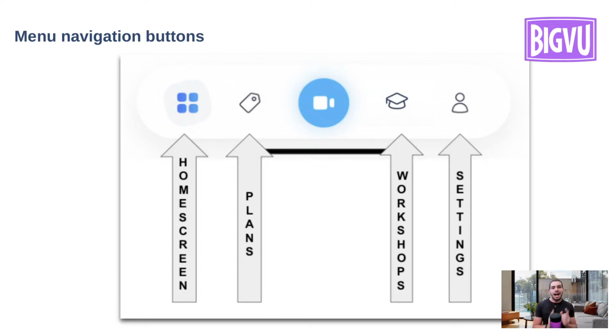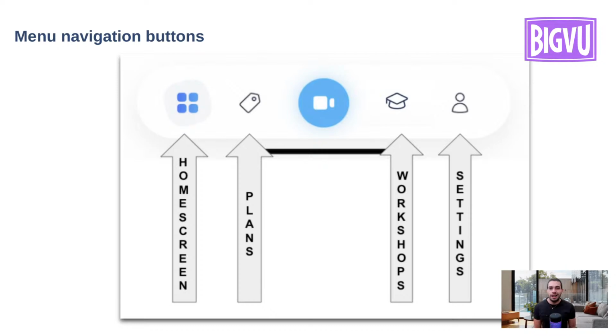The ticket icon, the second one, are the plans. We're going to see the starter plan, the plus plan, all the plans that we offer on Bigvu. Okay? And in a few moments, I'm going to explain the difference between them. This blue icon in the middle is to start a new project. You can start a new project with a script, with no script, and also you can import an external video to edit inside Bigvu. Make sense?